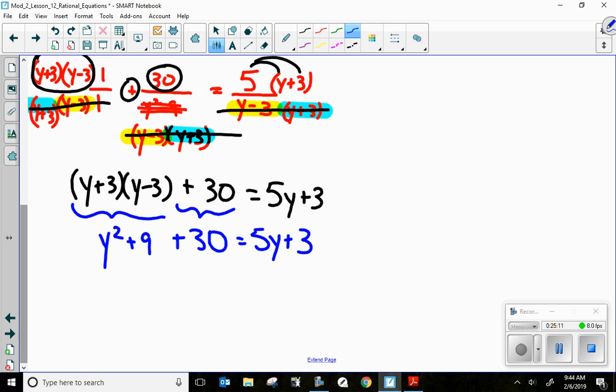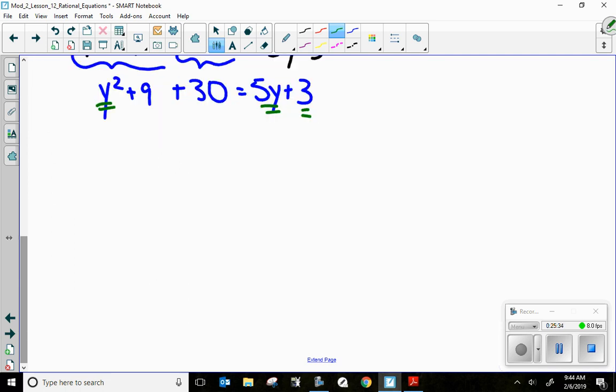At this stage in your mathematical career, if you see, well, I have a y squared, I have a y, those can't combine. I have numbers without y's, whatever. You have a quadratic. In order to solve any quadratic, you get everything to one side, and you're going to have to factor and solve. Let's combine everything and go from there.